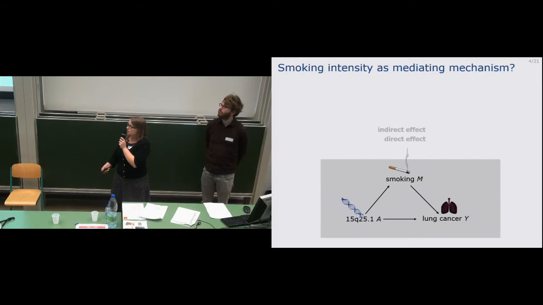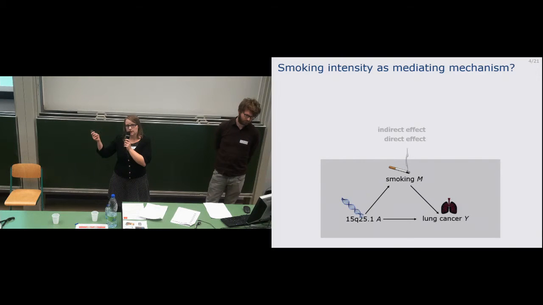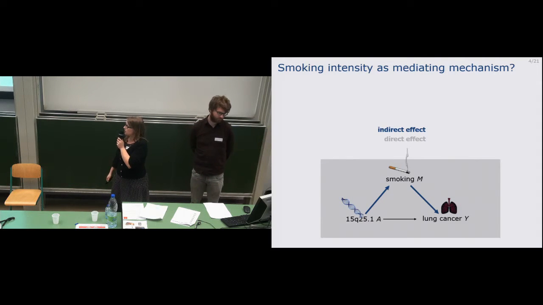Mediation analysis is a statistical technique that aims to disentangle the effect of a certain exposure, such as the presence of a genetic variant, on an outcome such as lung cancer, into an indirect effect via a certain intermediate variable or mediator, such as smoking status, and the remaining direct effect through possible other mechanisms.